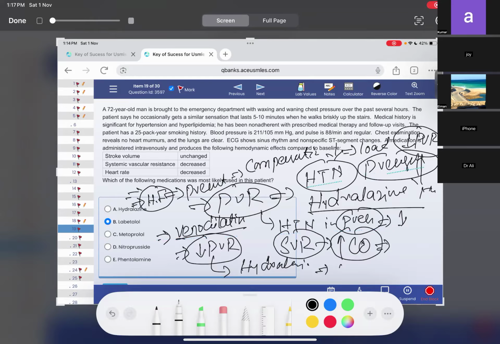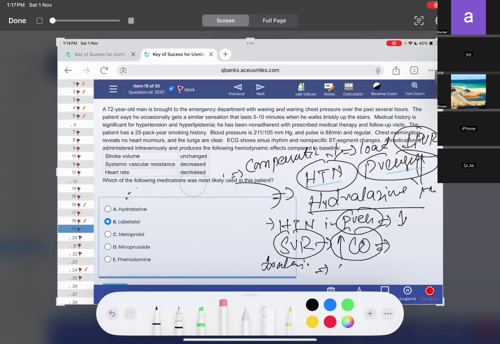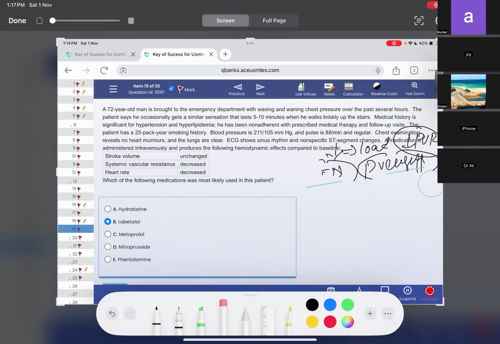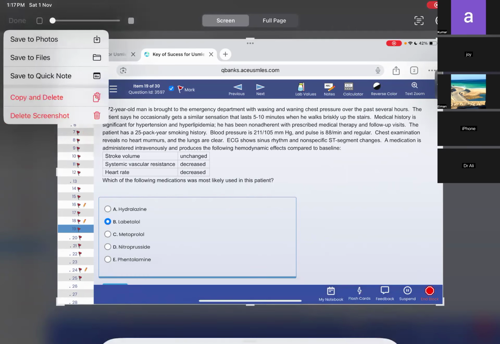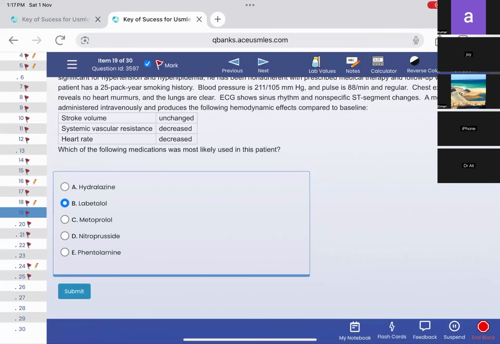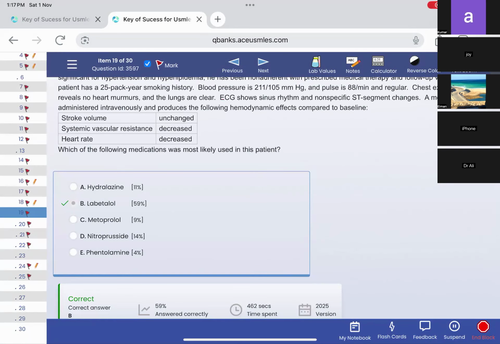And we use hydralazine in pregnancy because it is safe, with no teratogenic effect on the baby. Excellent.